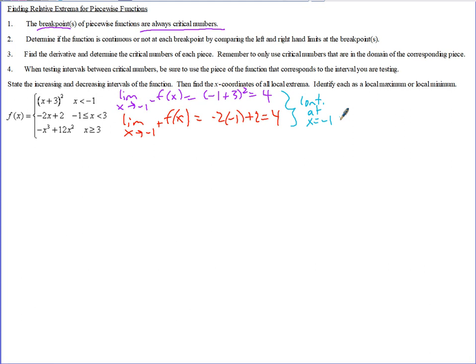Now let's compare our other breakpoint of 3 on a limit. So 3 from the left will be -2 times 3 plus 2 would give you -6 plus 2, -4. And let's compare that with the limit as x approaches 3 from the right.